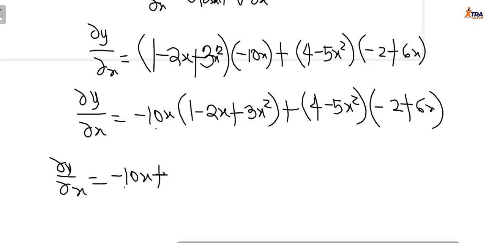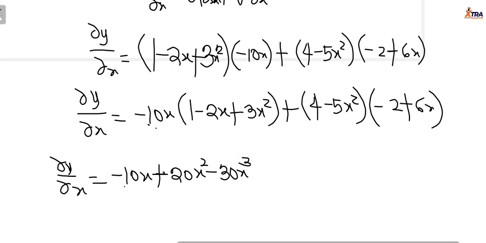We have a 20x squared, and the minus 10x times plus 3x squared, we have minus 30x times x squared, we have x to the power 3.